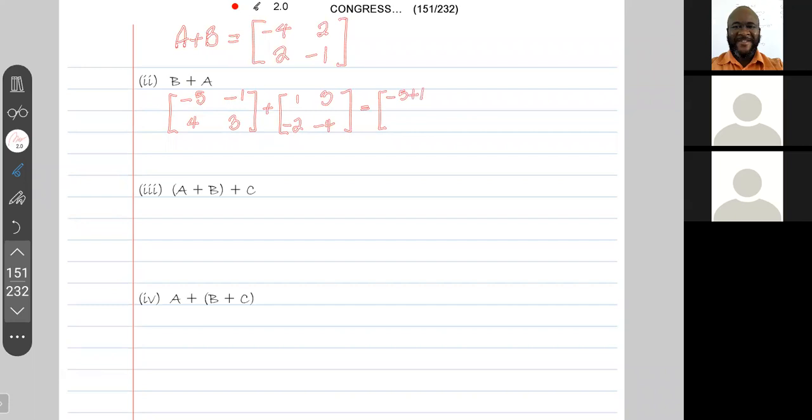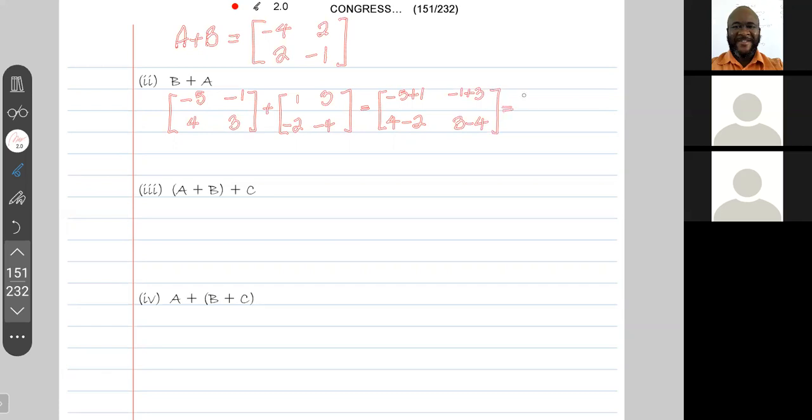Remember, matrices of the same order may be added or subtracted by adding or subtracting corresponding elements. Corresponding means that the elements are in the same position. So minus 1 plus 3. Then we have 4 plus minus 2, which is the same as saying 4 minus 2. We have 3 plus minus 4, which is the same as saying 3 minus 4.